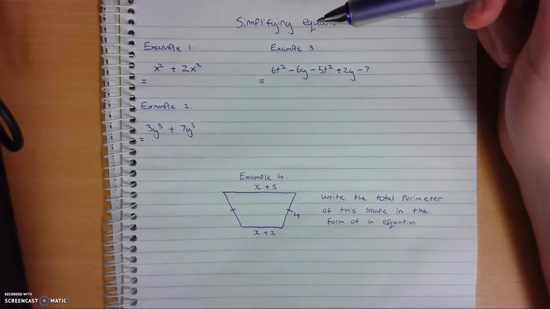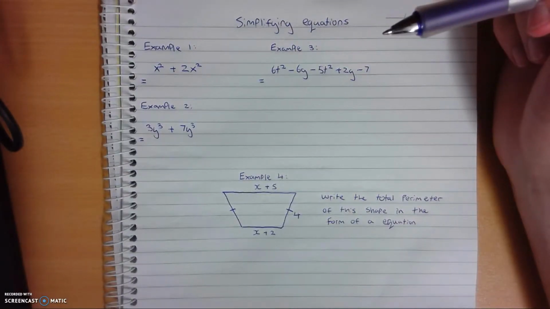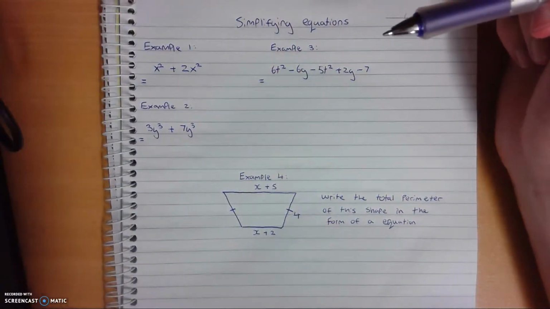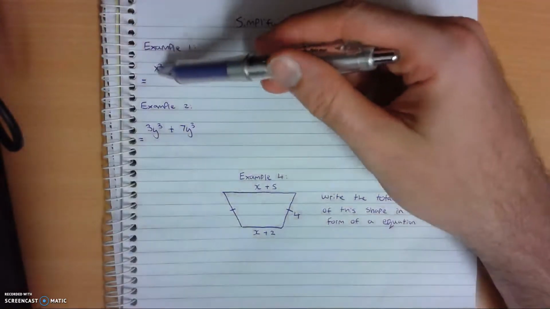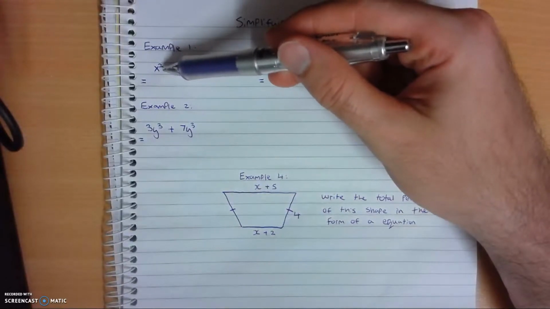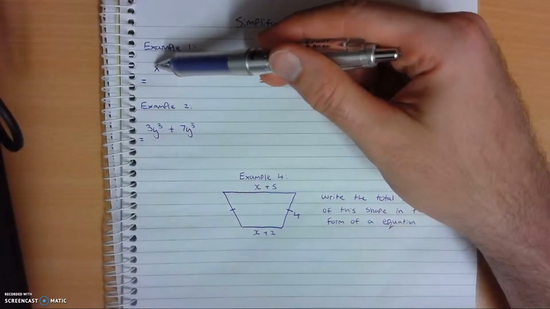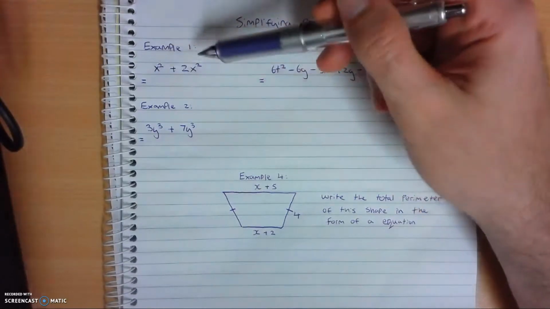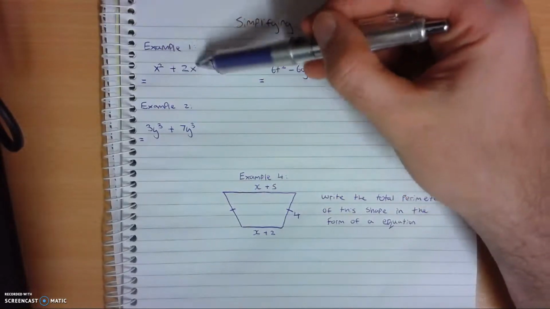So if we remember what we wrote down at the top of our page in our rules, which you all should have in your books, it should say a like term is a term that has the same variable raised to the same value, to the same power, sorry. So as we can see here, our variables are a letter, so x and x is the same, and they're both raised to the same power, which is 2.